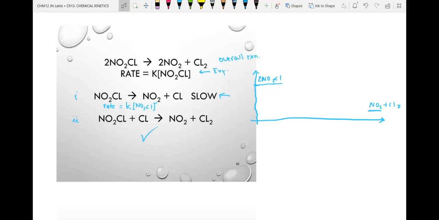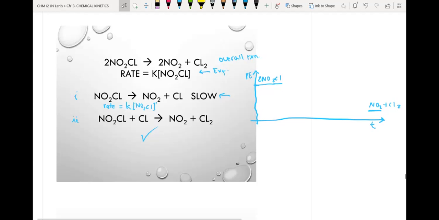How many hills? 2 hills in the potential energy diagram. We need to label the axis: potential energy, time. You cannot draw a graph without labeling the axis. Always write the label and also write the name. I'm not writing it, but I'm saying I'm drawing a graph of potential energy against time or reaction coordinate. That's the name of the graph.